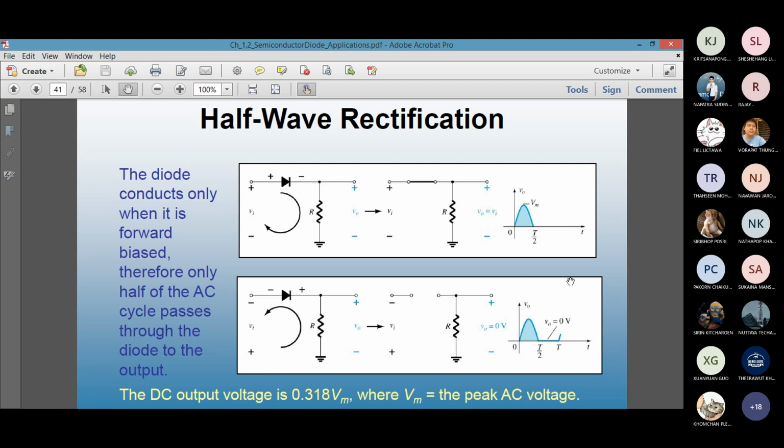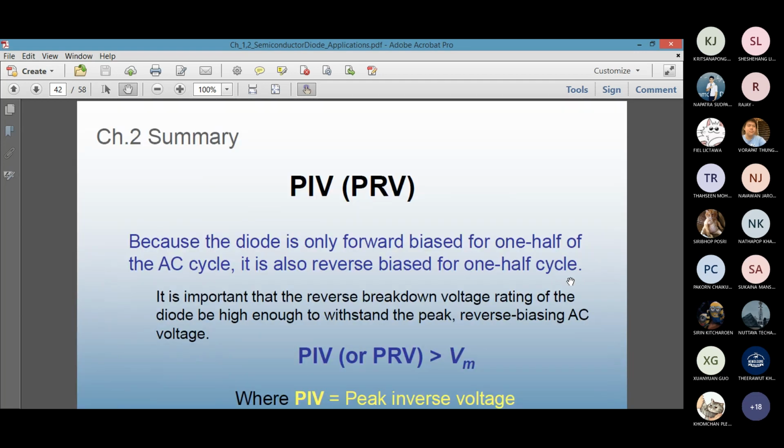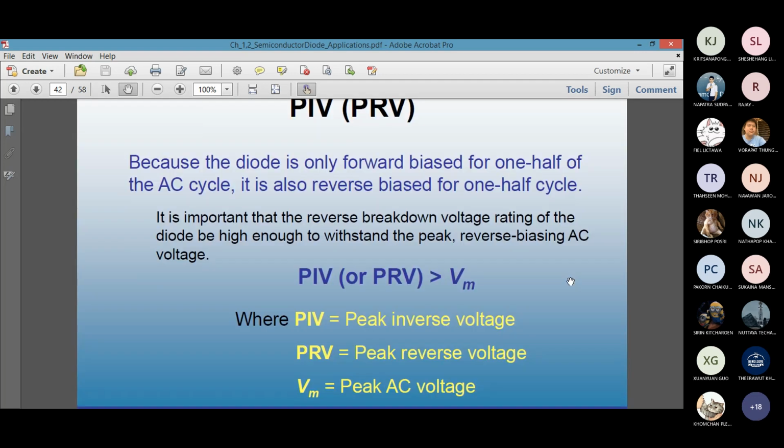If you want to have full wave rectification, how do we do that? The thing you have to be careful about is that when you apply the AC voltage, it has a peak, plus Vm or minus Vm. For the plus, maybe not too much worry, but the negative peak goes to a maximum value of minus Vm.